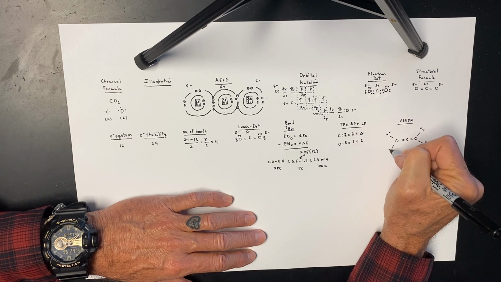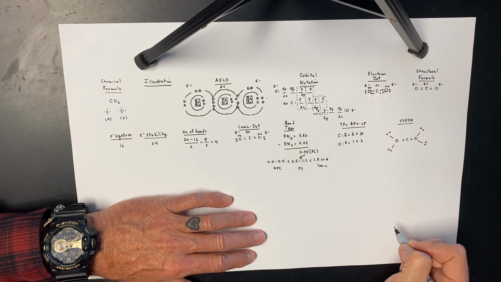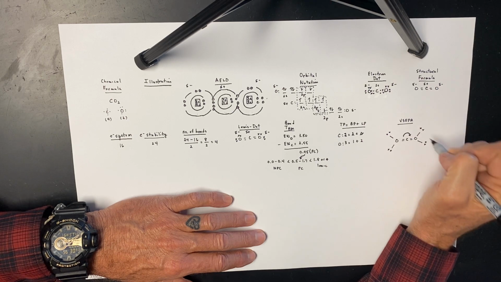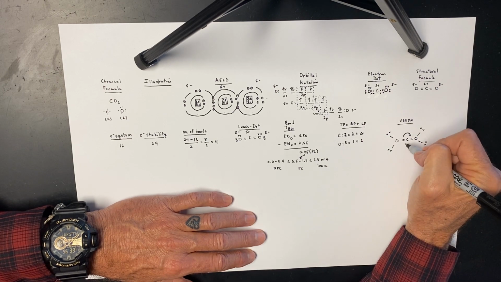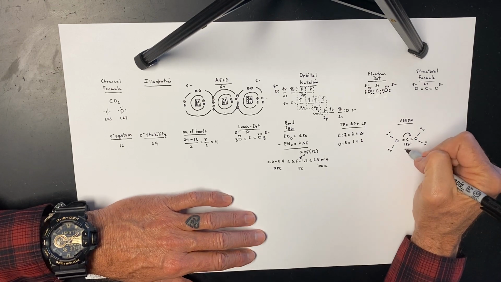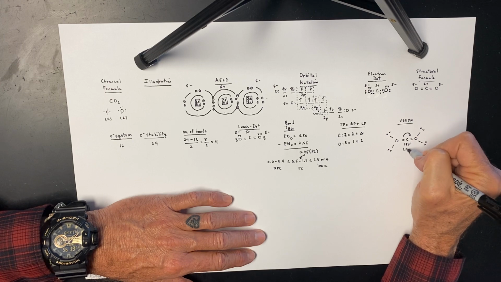So we're going to establish those bond angles like so. Keep in mind that the bond angle between the carbons and oxygens is going to be 180 degrees. And so overall, we would say that that's linear.